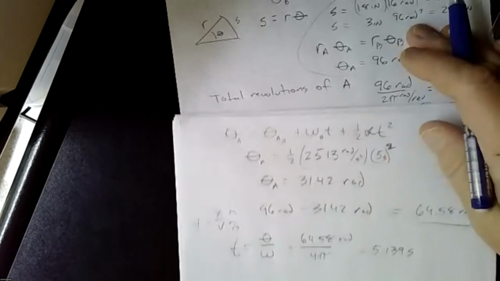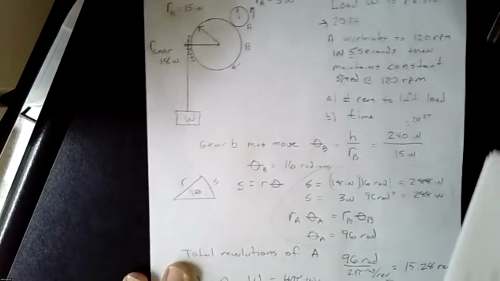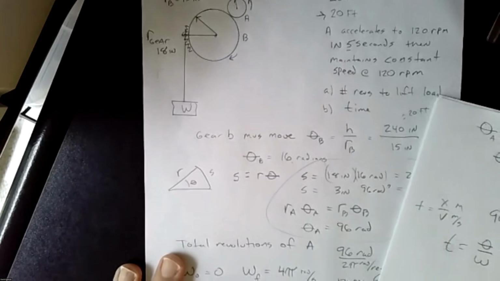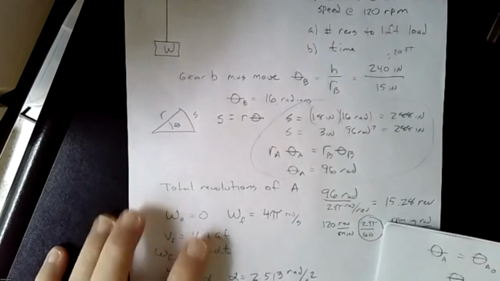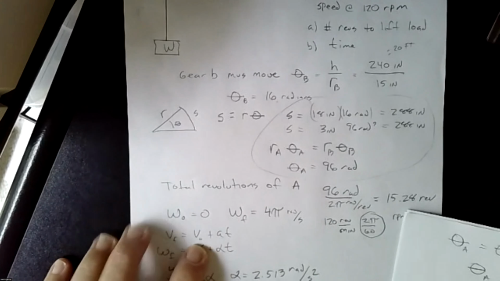Let's go back to the original question: the number of revolutions to lift the load. We figured that out, that was 15.28 revolutions. Then we wanted the time to lift the load.